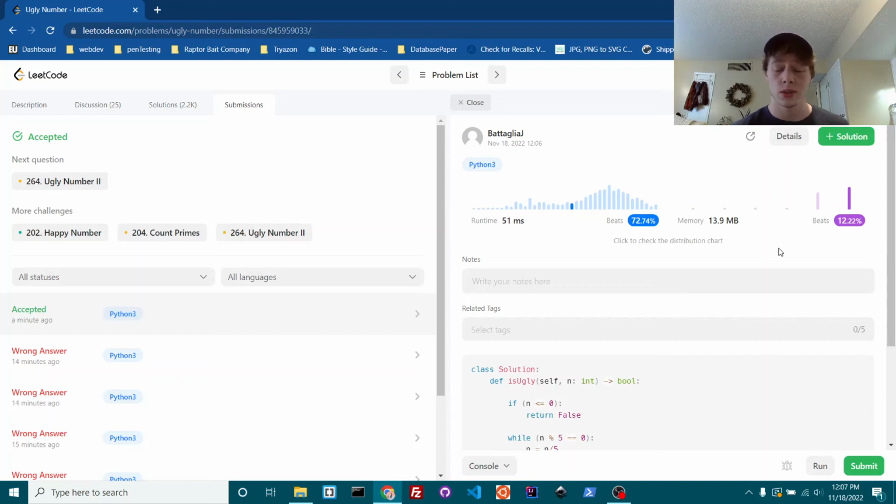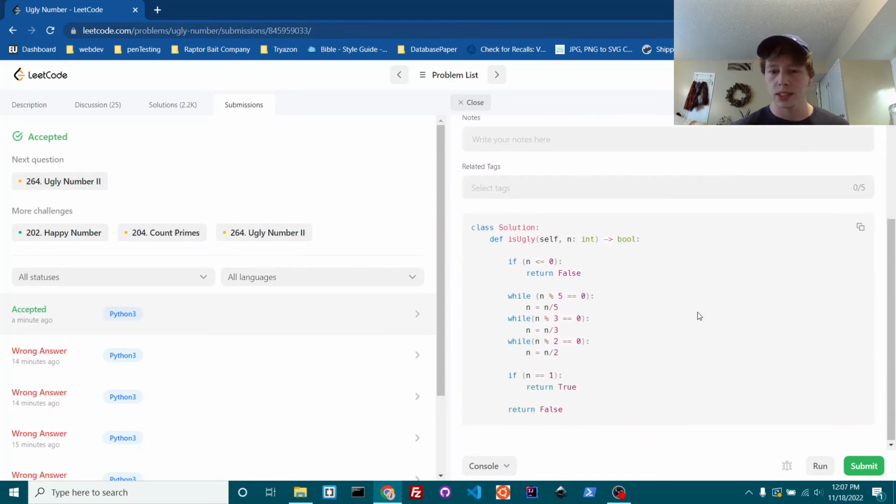Hopefully that makes sense, and if you're new to programming or Python, that was helpful. Again, essentially we divided by 5 as much as we could, then by 3 as much as we could, then by 2 as much as we could. If 5, 3, and 2 are the only factors of the number, then it'll eventually become 1 through that process.